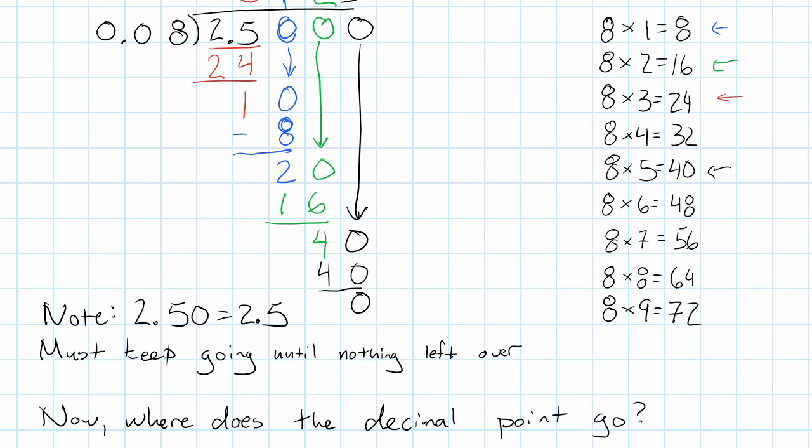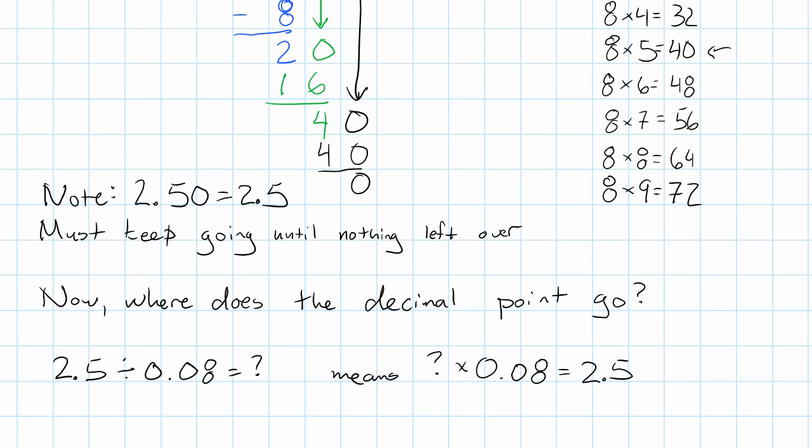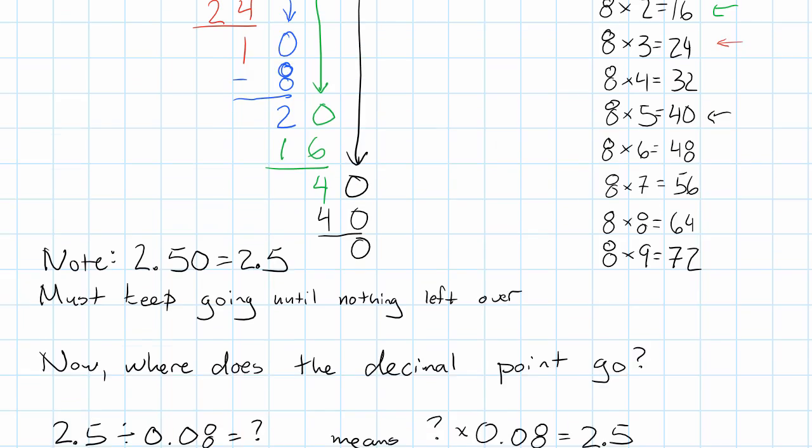Where does the decimal point go? Well, remember, the question 2.5 divided by 0.08 equals what means what times 0.08 gives me 2.5. So here's what I'm going to do.